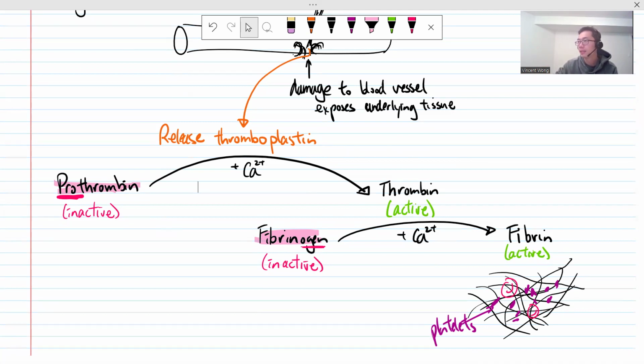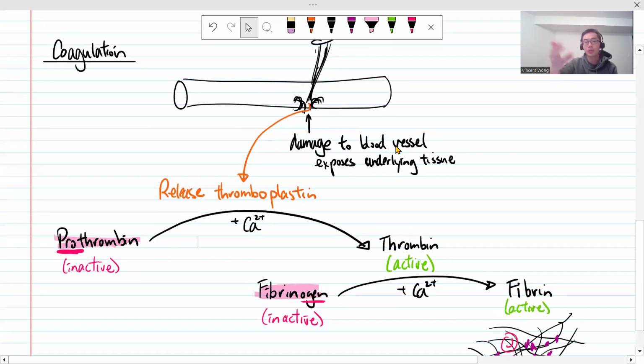Okay. Thank you. Vincent, when the blood vessels are damaged, what triggers the release of this thromboplastin? Yeah, once it's damaged, all the stuff that was nicely hidden away before is now exposed, right? So that's the stuff that's releasing the thromboplastin.